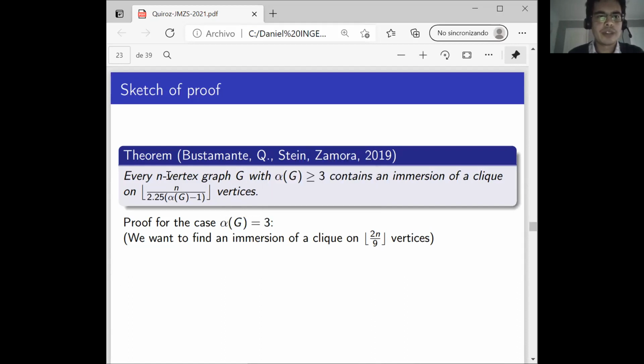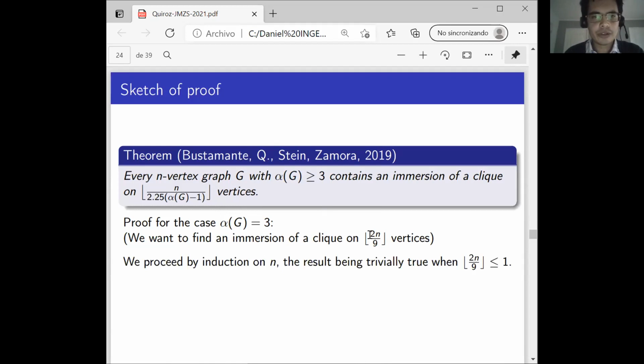So we want to prove that every m vertex graph with alpha equals 3 contains an immersion on 2n over 9 vertices. And I'm going to give you a hint on how you would approach it for larger alpha, which is also interesting.